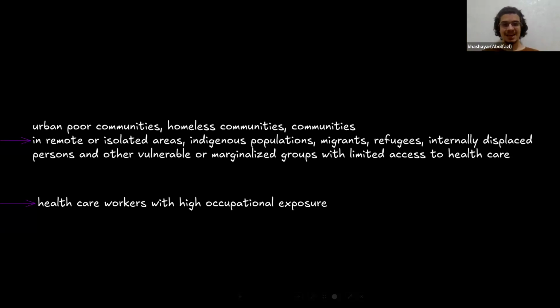Structural risk factors can make people more prone to catching TB. Another group here are healthcare workers with high occupational exposure. Again, this doesn't consist of all healthcare workers, but mostly is concerned with healthcare workers who are at high occupational exposure.